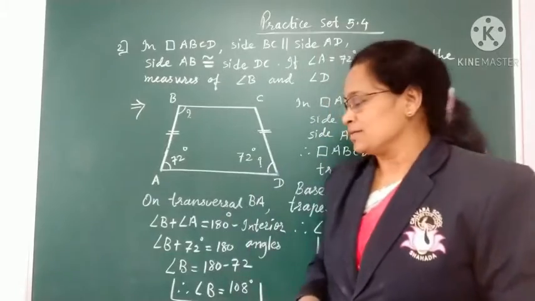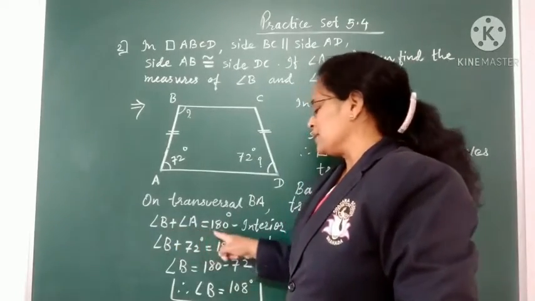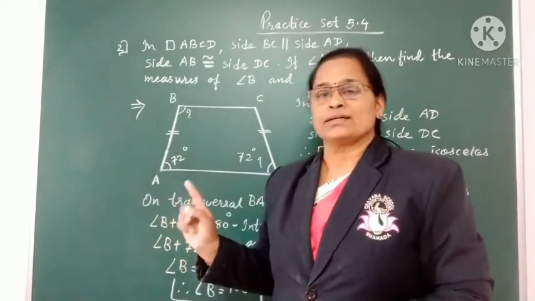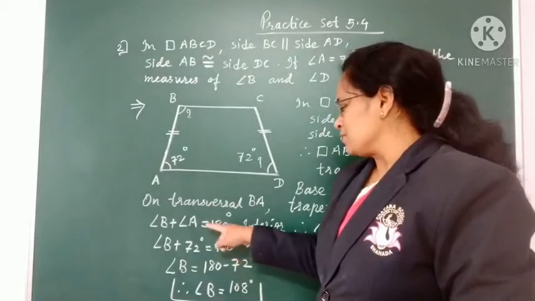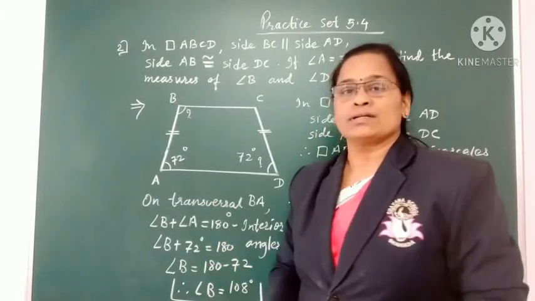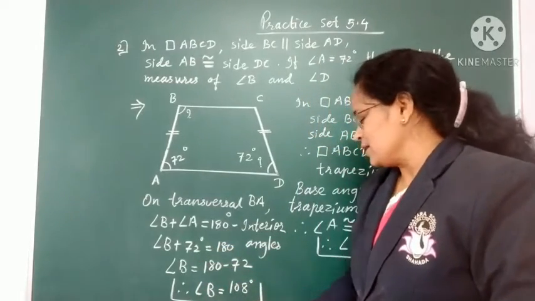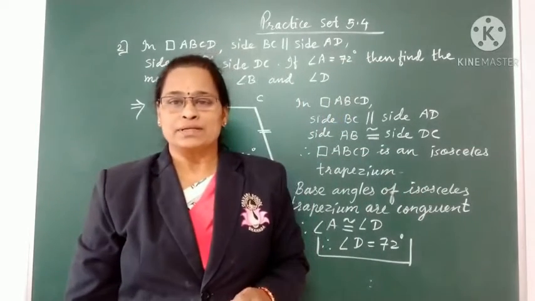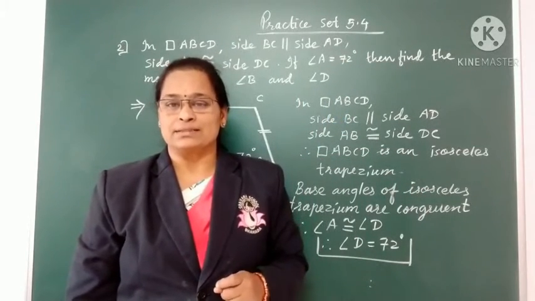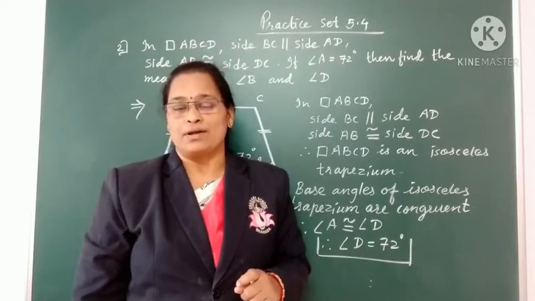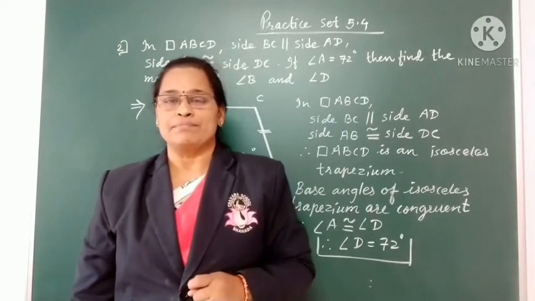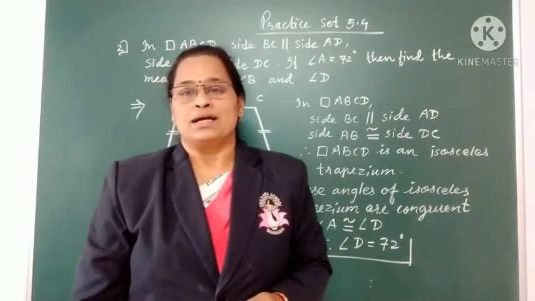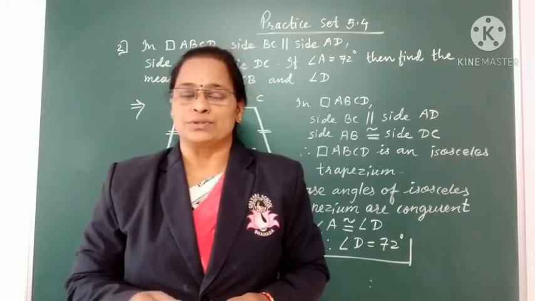Correct? So angle B plus angle A is equal to 180. We use the interior angle theorem here, substitute the measure of angle A and find angle B. It is 108 degrees. So it is very clear that if we know the properties of a particular quadrilateral properly, then we can apply these properties and get the solutions of the examples.